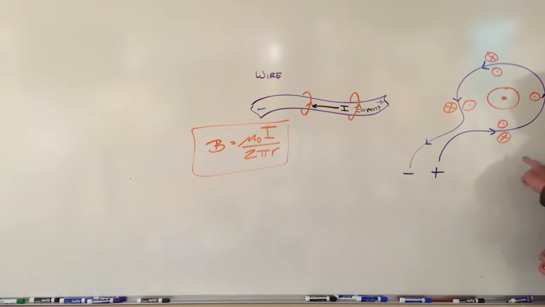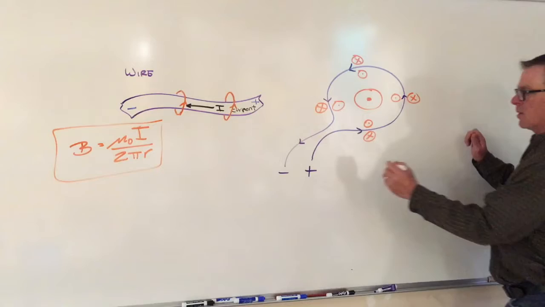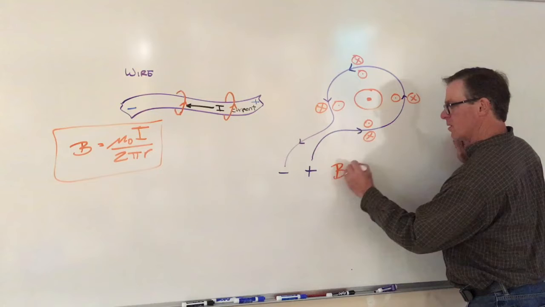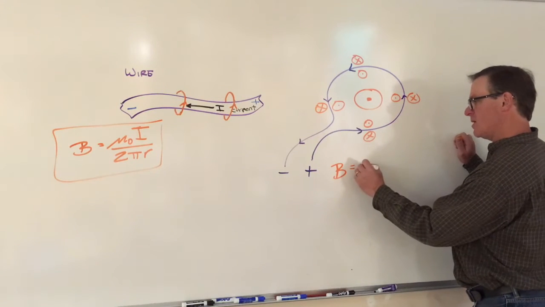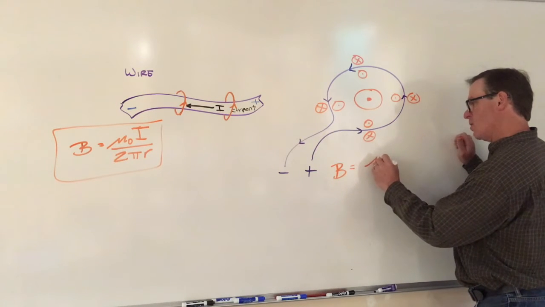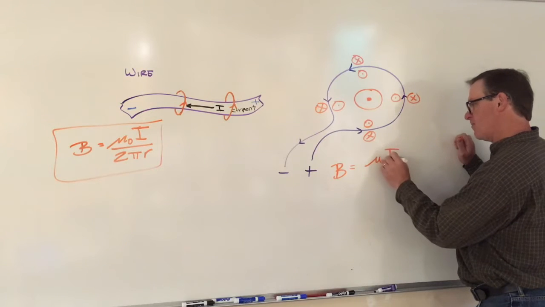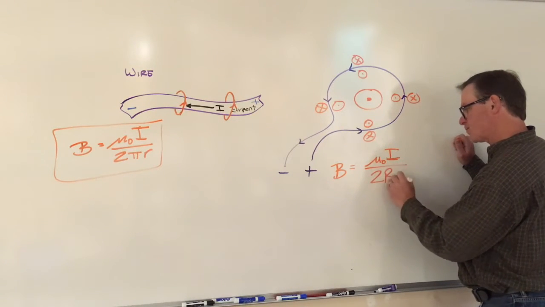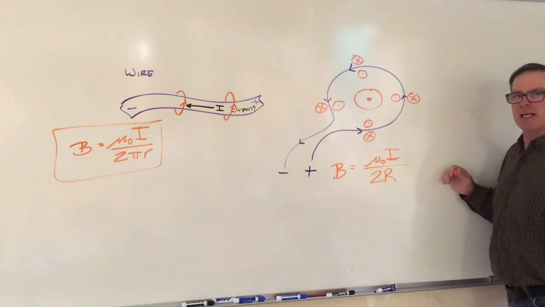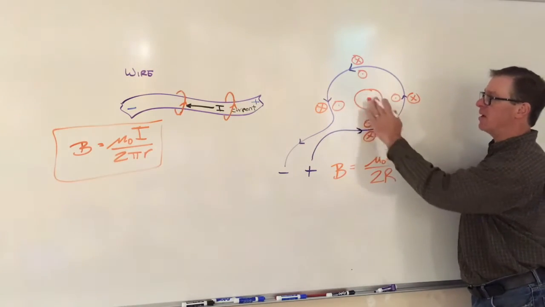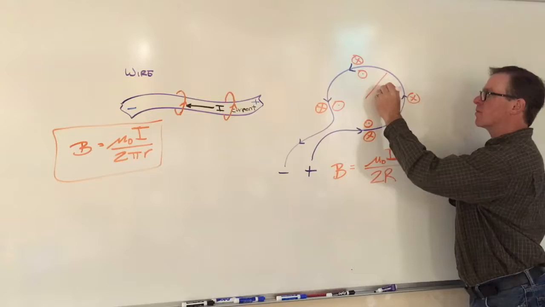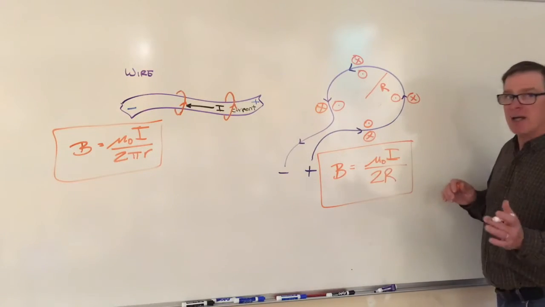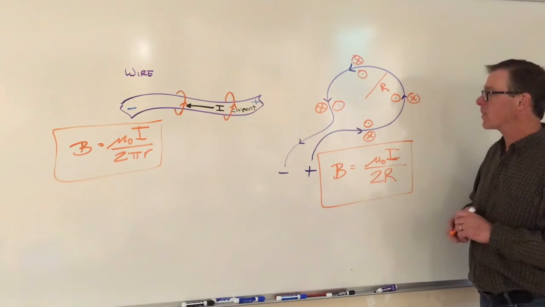But first, let's write down the equation that governs a loop. The field due to a loop of wire is equal to mu naught I over 2r, where r is the radius of the loop itself. Though I boxed it up, I should say one more thing.